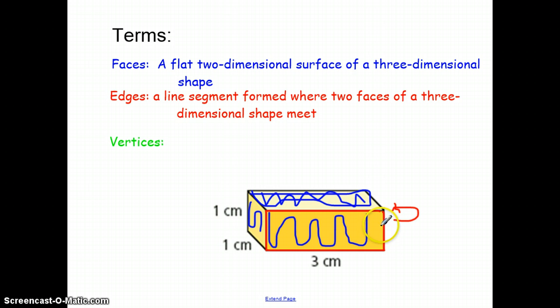There's a face on this side too you don't see either. So it has 4 edges to one face. That's what they mean when it says a line segment formed when two faces of a three-dimensional shape meet. So this face meets up with this face, and it forms a line.